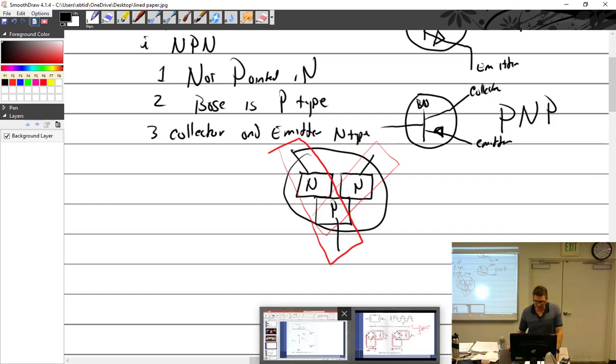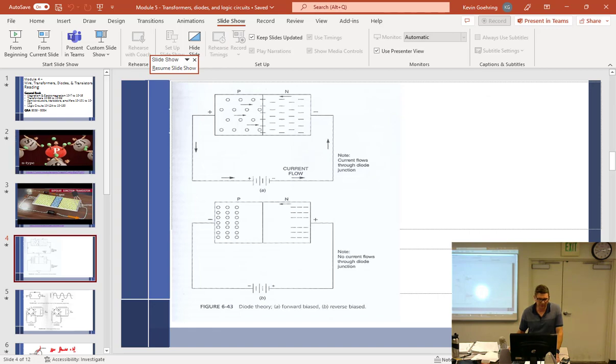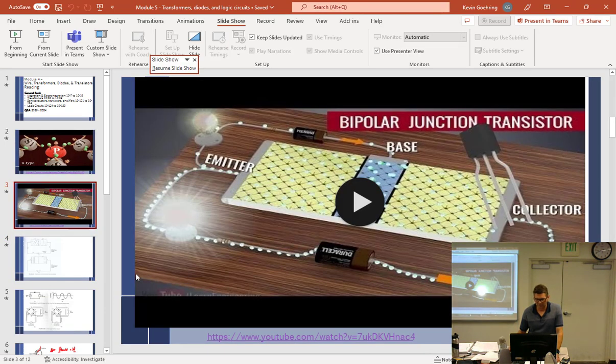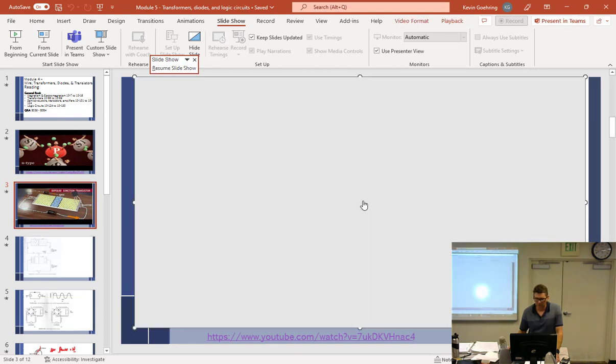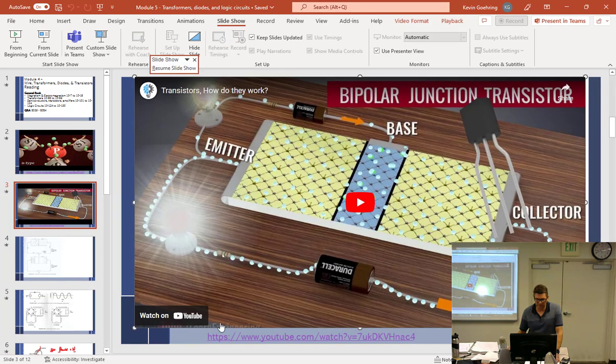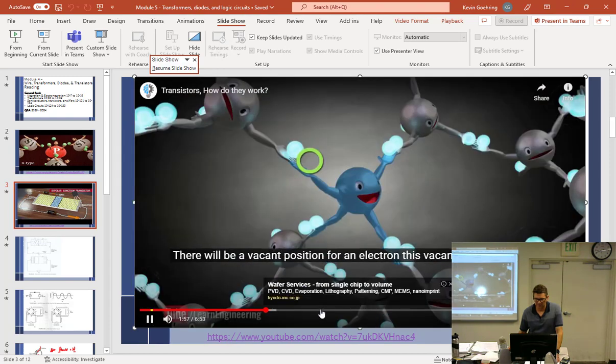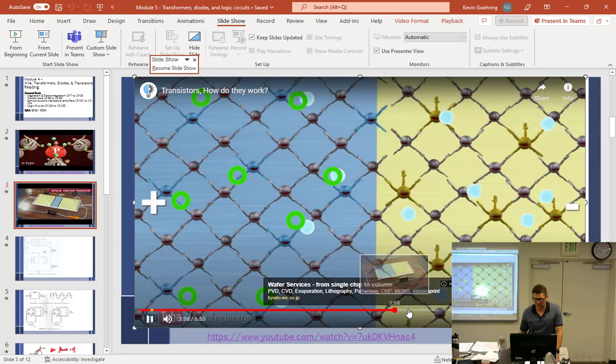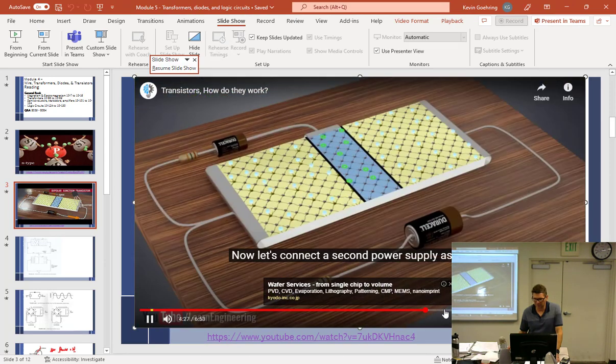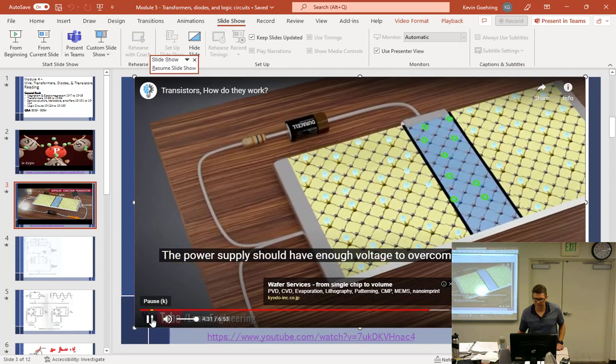And there was something, I probably could have stopped it here. Let me see. Let's go. Can't really play it, but let's do this. Is a negative G and will. I was hoping Now, let's for- connect the second power supply as shown. The power supply should have enough voltage.